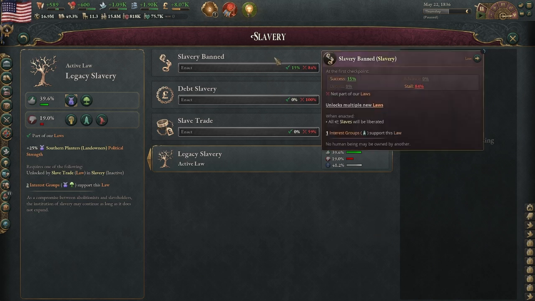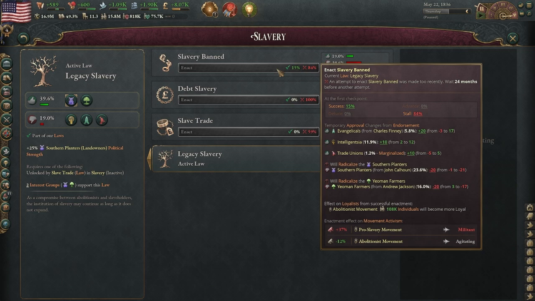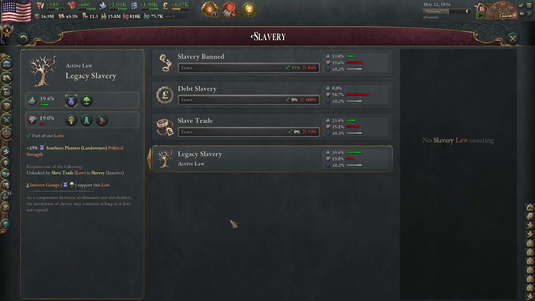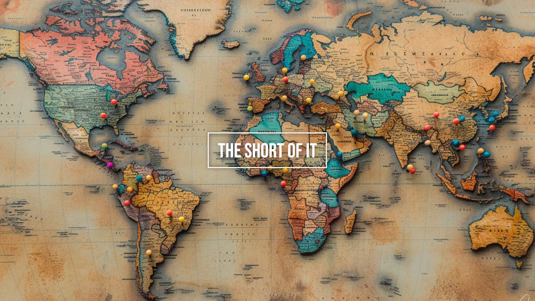So now, with slavery banned, you'll see we have to wait 24 months before we can attempt passing it again because we canceled the enactment of this law. If you stop enacting a law and a movement starts a revolt, it's possible that the bar will reach 100% and a war will start before you are allowed to begin enacting the law again.